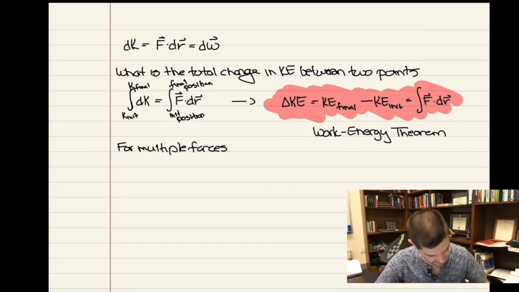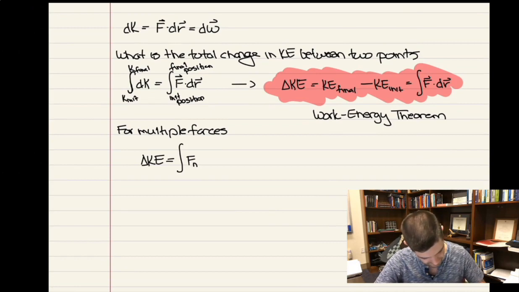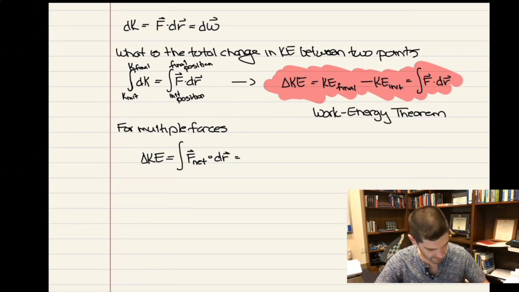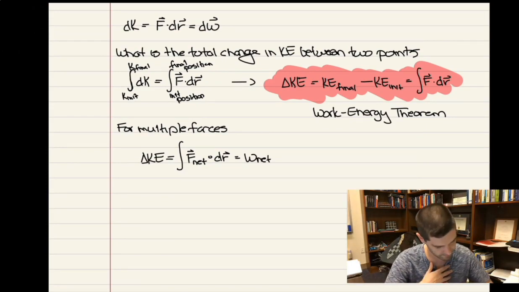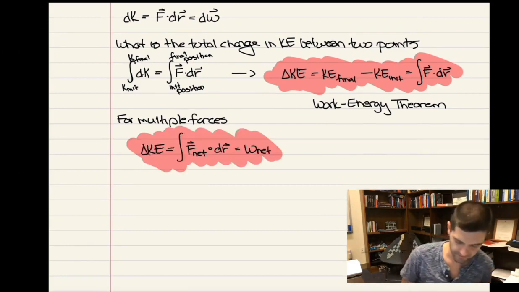I could just write that the total change in kinetic energy equals the integral of F net instead, dotted with dr. This right-hand side might be written as your net work that's being done. So that might be the more general version of the work-energy theorem.